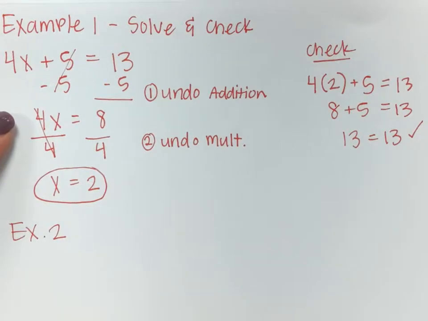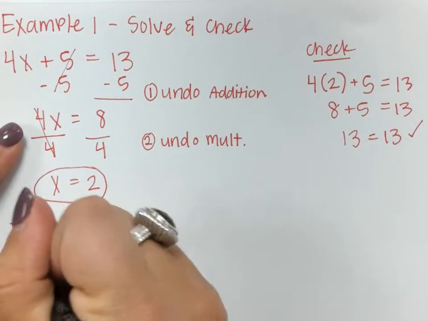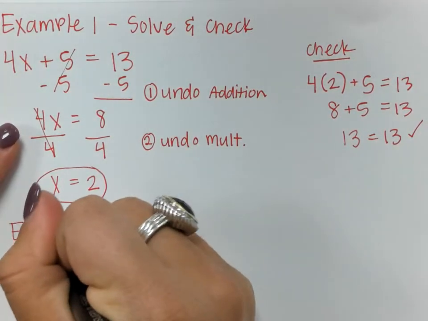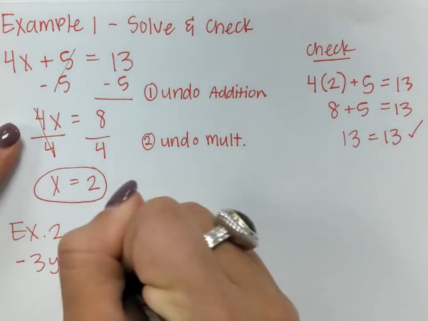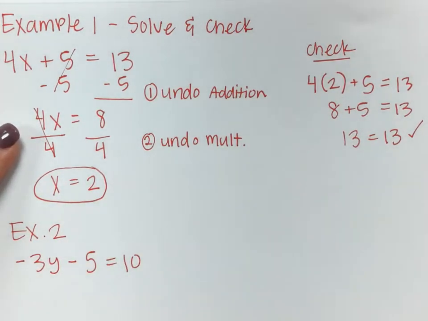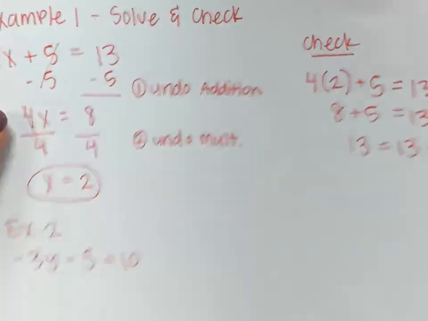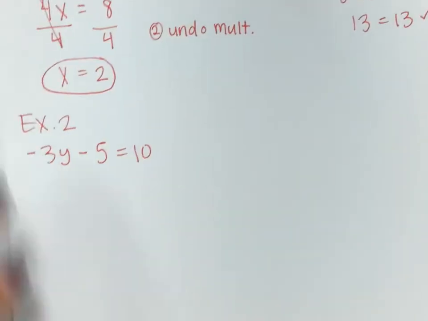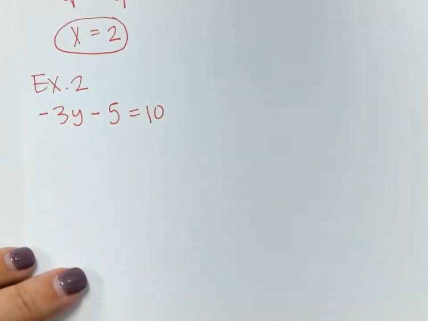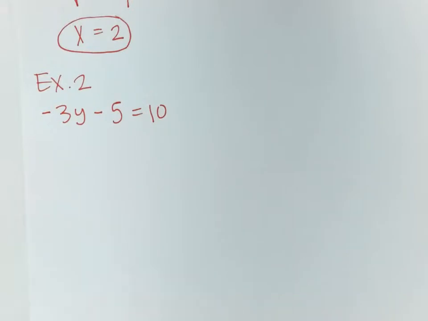All right, let's look at another example. Negative 3y minus 5 equals 10. So I'm still solving for y. So what does that mean my first step is going to be?